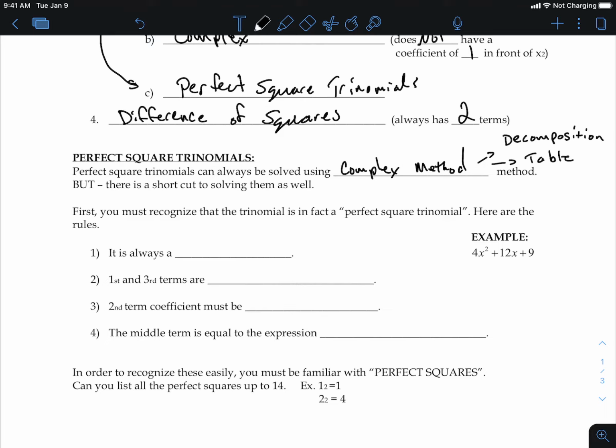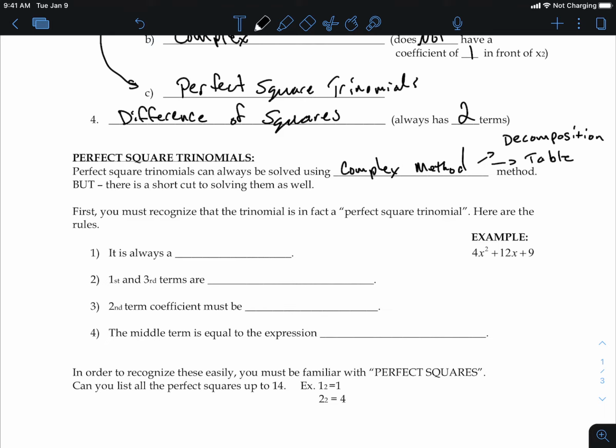But the trick with these is recognizing what they are from the beginning. They're a bit of a special trinomial in the sense that, if you know what you're looking for, they look different than the rest, okay? So first you must recognize that the trinomial is in fact a perfect square trinomial.